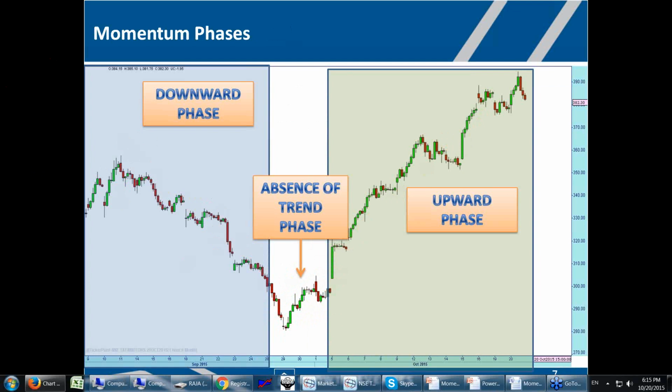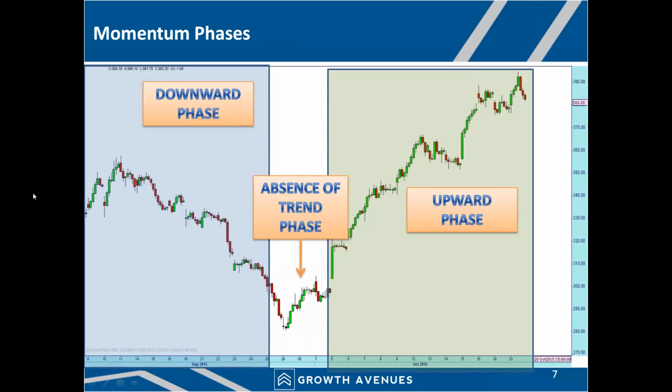So the net result of this analogy is changes in momentum occur before the change in direction. What do I mean by that? This is the first phase where the prices are heading lower, and this is the change in momentum.